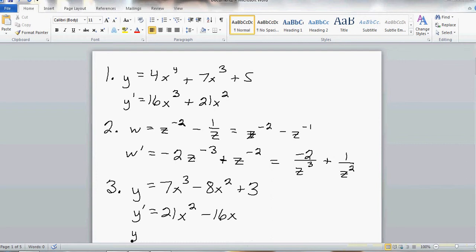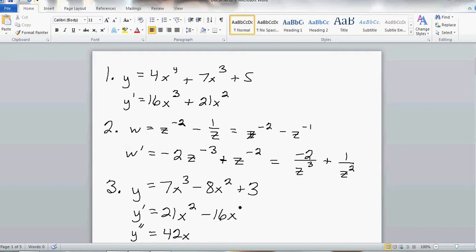The first derivative is y prime equals 21x squared minus 16x. Now to do the second derivative, we're going to do y double prime. We put the 2 marks, which indicates the second derivative. So realize it could ask what's the second derivative, or it could say find y double prime. So we're going to do the same thing, but we're going to use this one now. 21 times 2 is 42x raised to the first power, because I'm going to take 2 and subtract 1 from it.